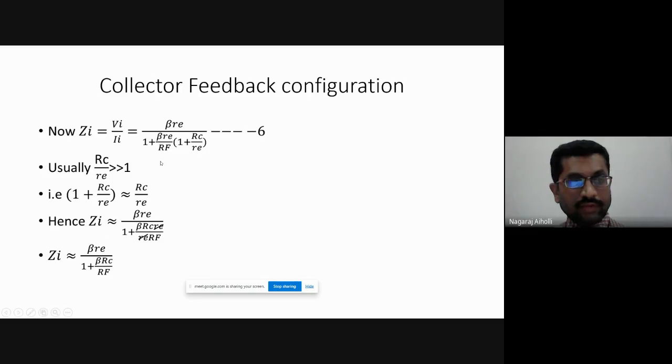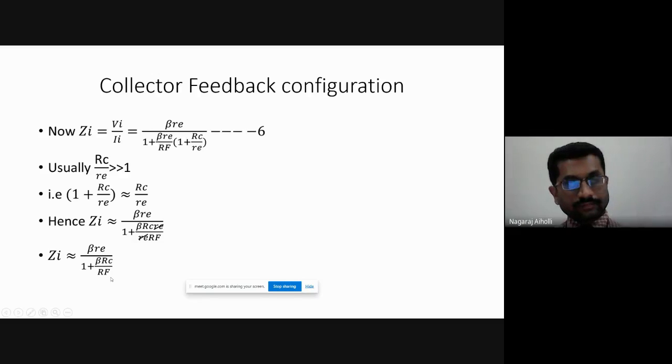Therefore, Zi will be equal to beta RE divided by 1 plus beta RE by RF into RC by RE. What cancels here? RE cancels. Therefore, Zi is approximately equal to beta RE divided by 1 plus beta RC by RF.